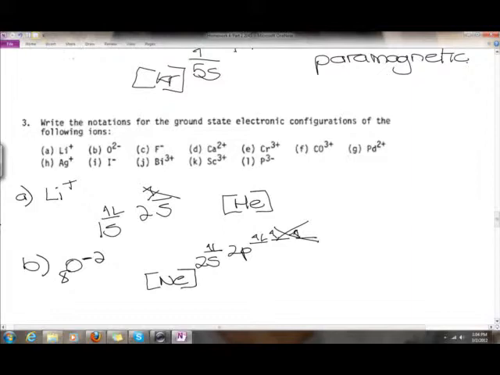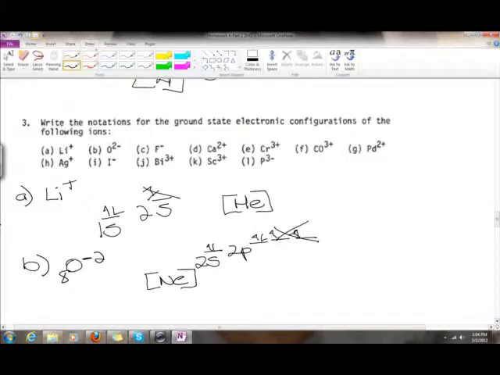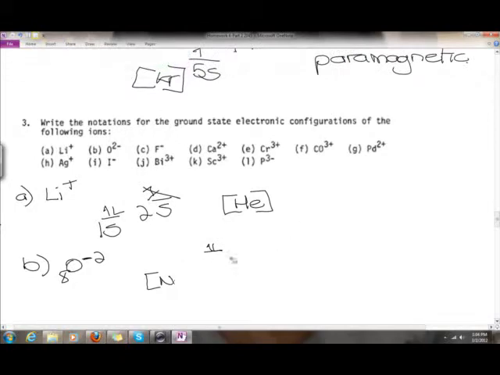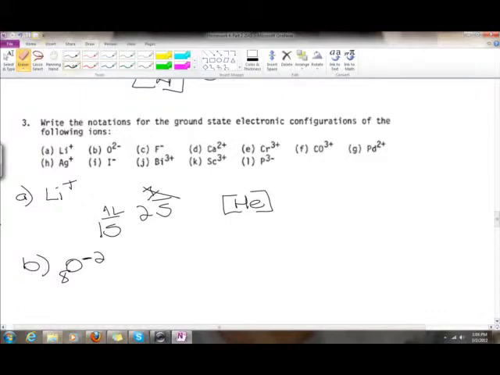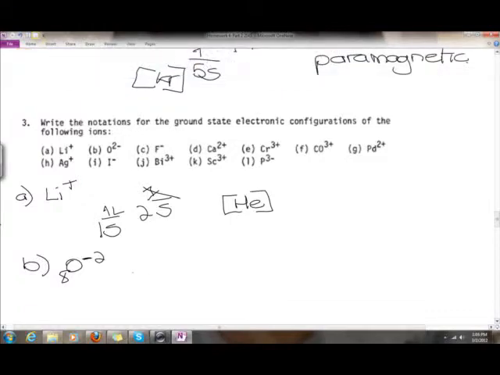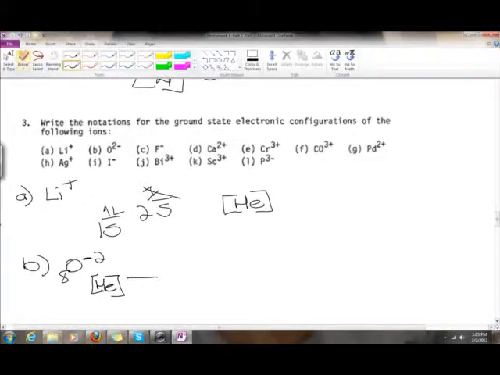And this wouldn't be the neon. I'm sorry for this, but I can't repeat all the video, and I can't cut it and paste it, so just erase what you've done. And this is oxygen 8, and what is the prior noble gas from oxygen? It is helium. You didn't notice that. And what would be the electron configuration after helium?